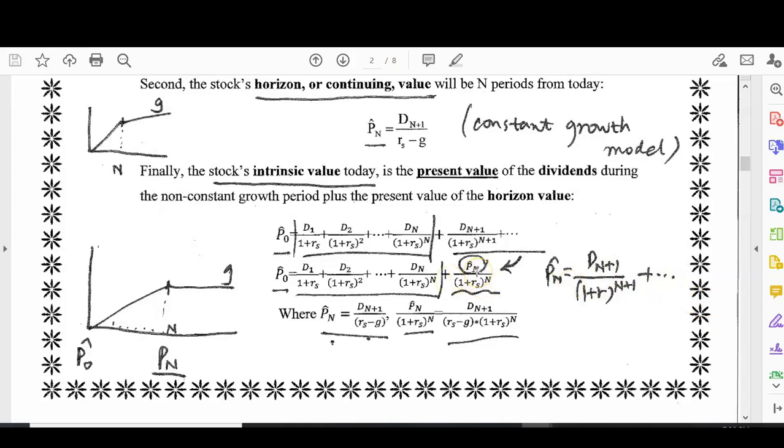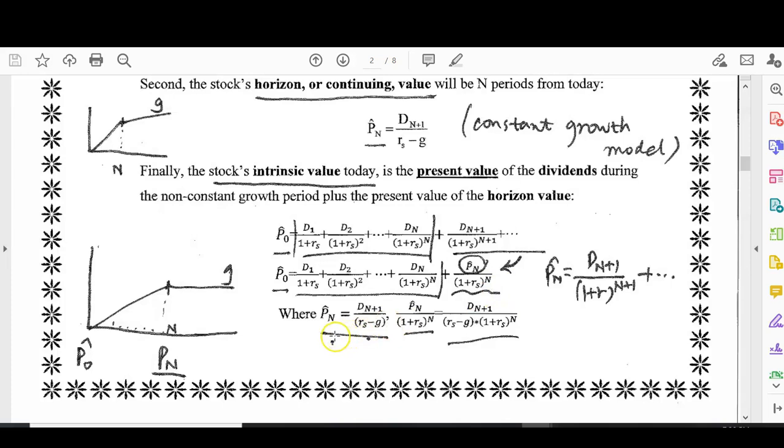And for Pn, we can divide by 1 plus r to the power of n to discount it to the present to get part of P0. Okay, so P0 ends up being all the dividends from D1 to Dn in the first stage, discounted to the present, plus Pn, the horizon value, discounted to the present.